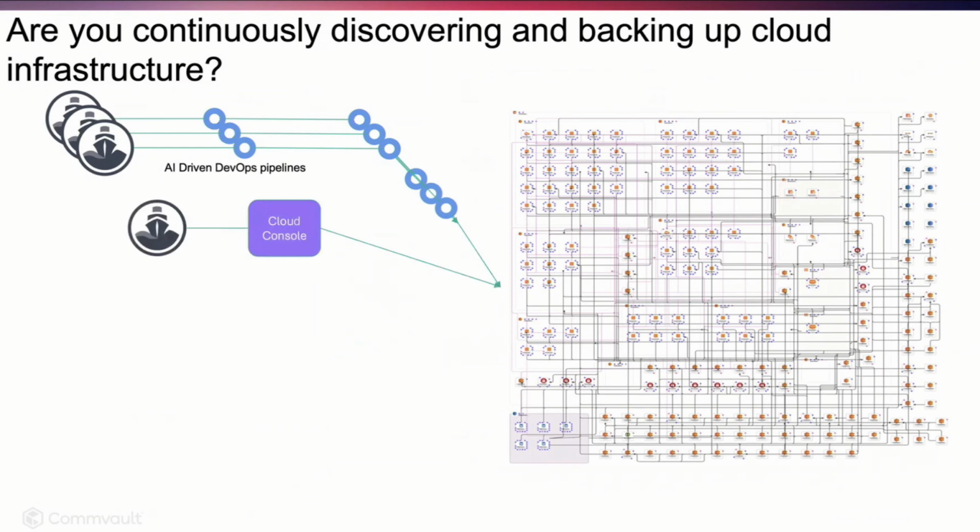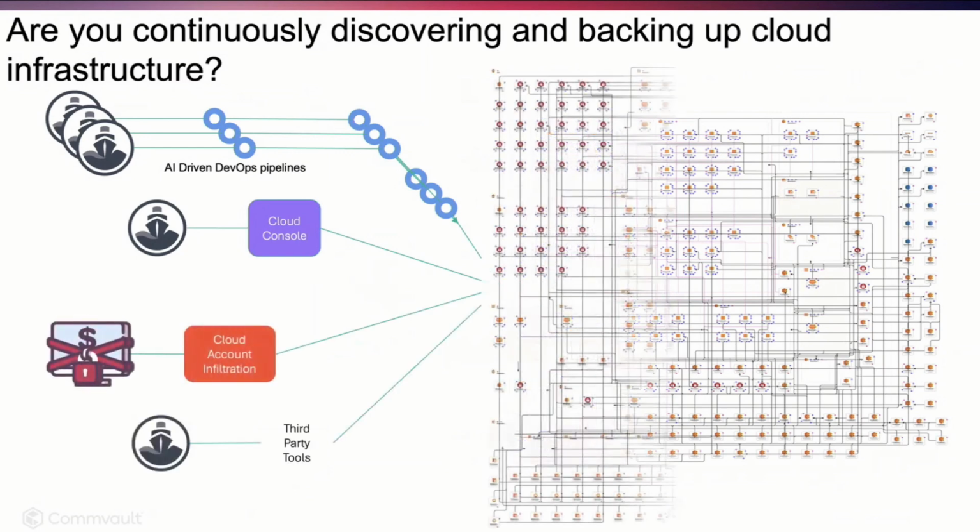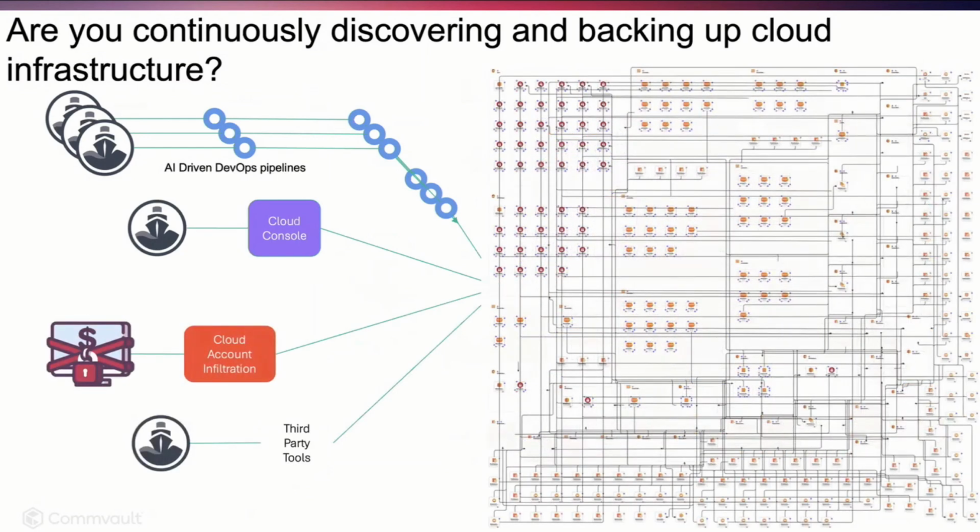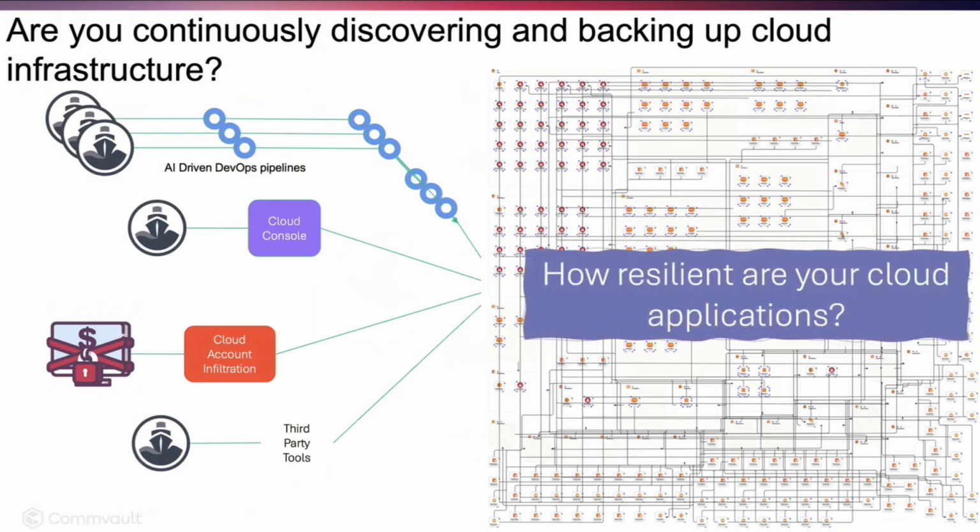And those environments are also changed through the Cloud Console or through third-party tools. So at the end of the day, the changes to these environments are much higher, on average roughly about 50 times a day. So the question becomes, how resilient are your cloud applications?